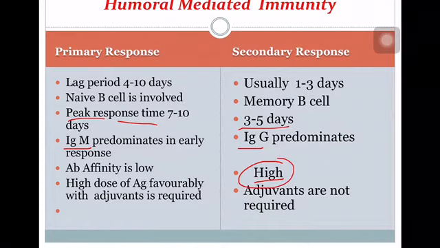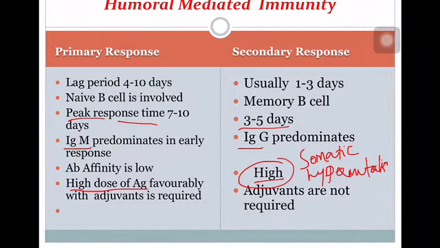High affinity binding is due to the mutations that occur in the DNA that encodes the antigen binding sites. This process is called somatic hypermutation.